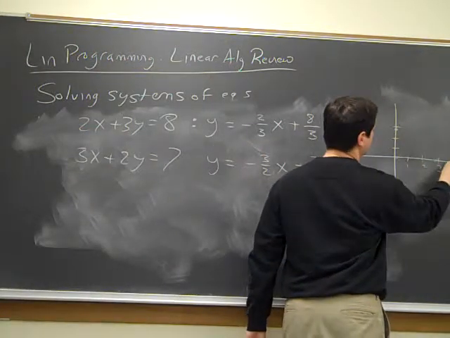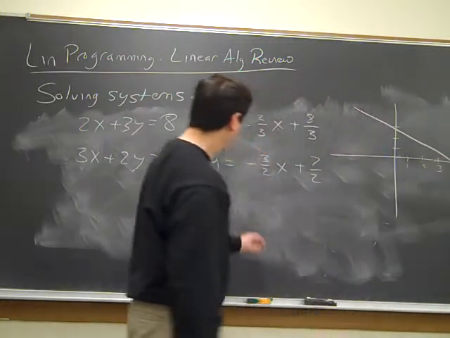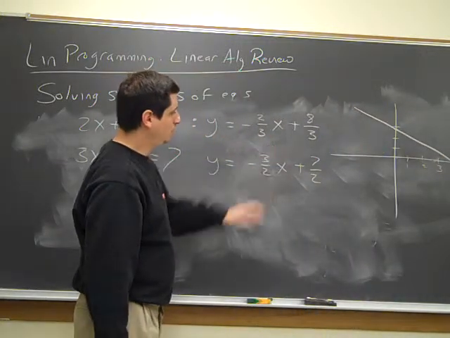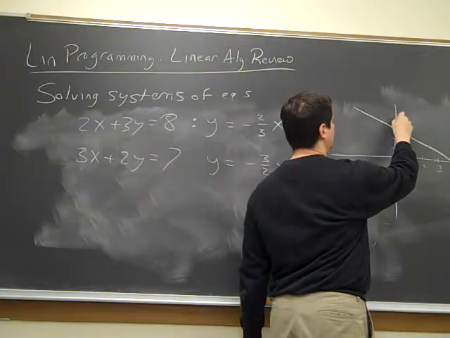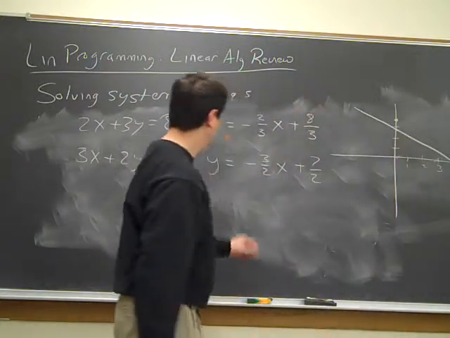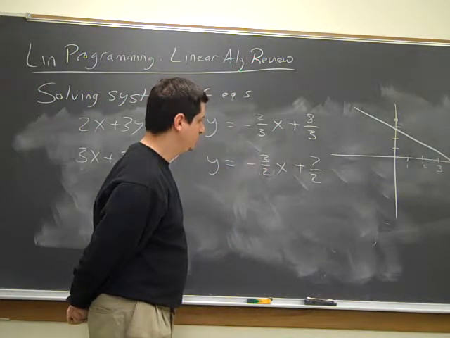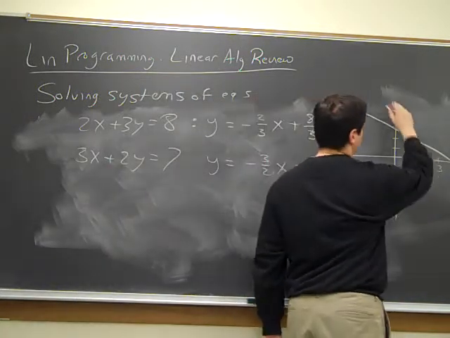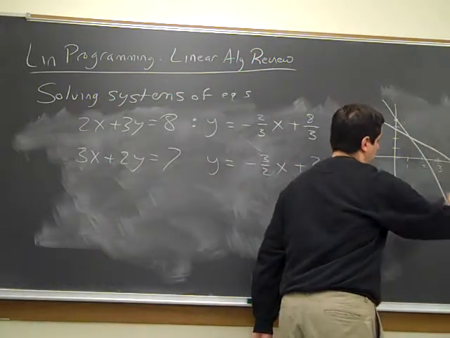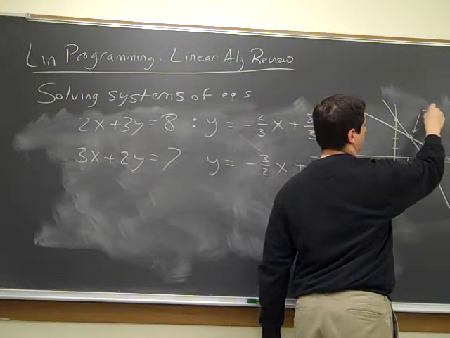So the first line would look something like this. The second line, if x equals 0, y is 7/2, which is I think 3.5, which is a little bit higher. And then if y equals 0, then x is somewhere between 2 and 3, about 2.5 maybe. And so we see that's the solution.